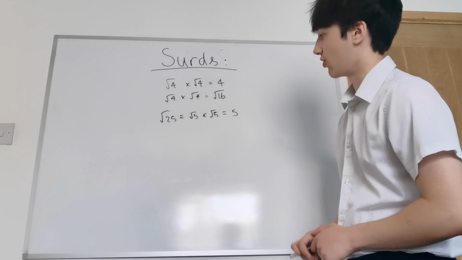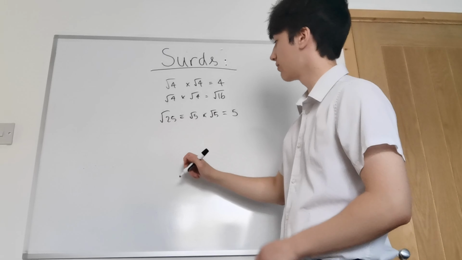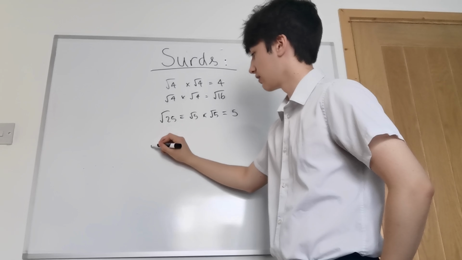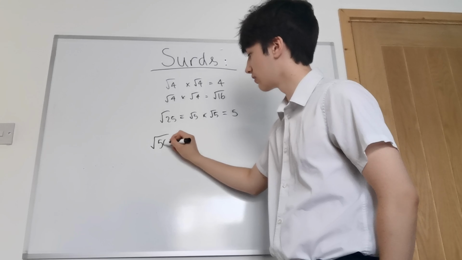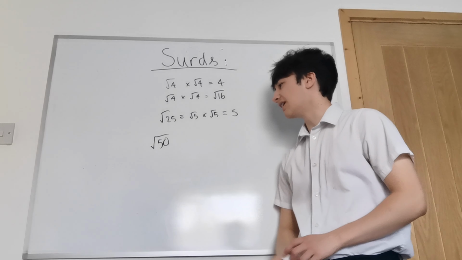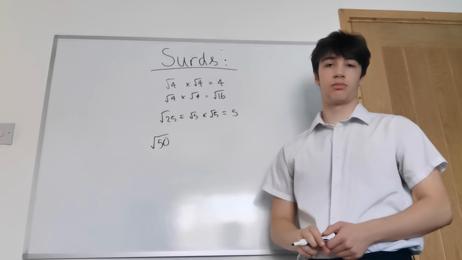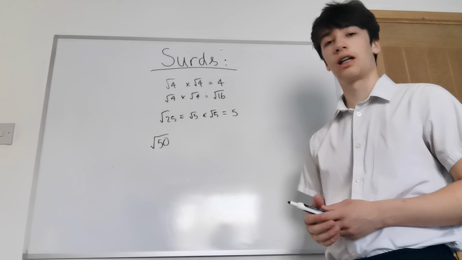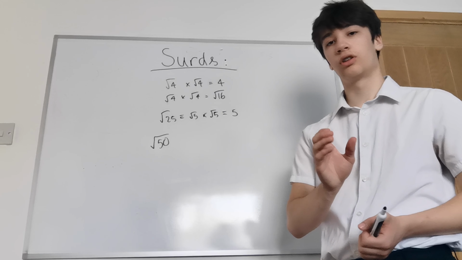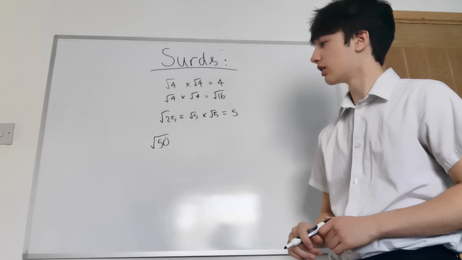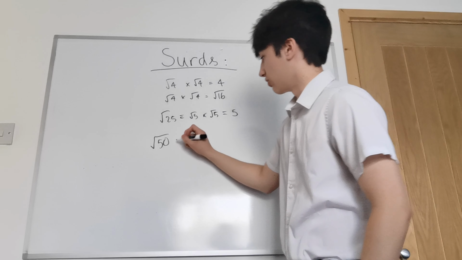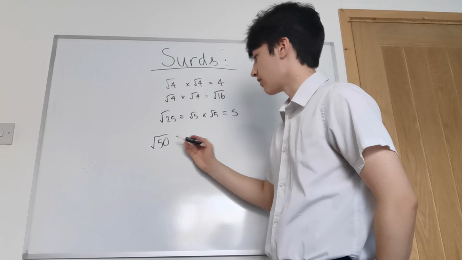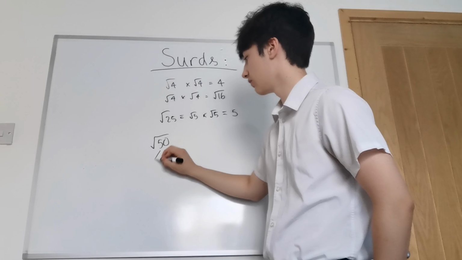So these are the basic ways to simplify SURDS, but you can get it in SURDS with more complex numbers. So say I take root 50. You can see that root 50 isn't a square number. So we have to split it up into a square number and whatever's left, if we can. So think about the factors of 50.